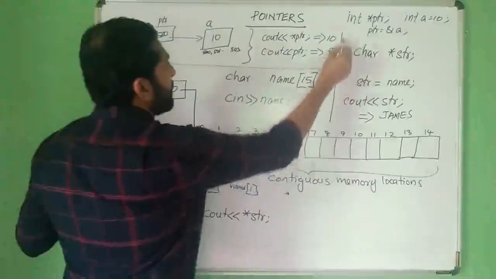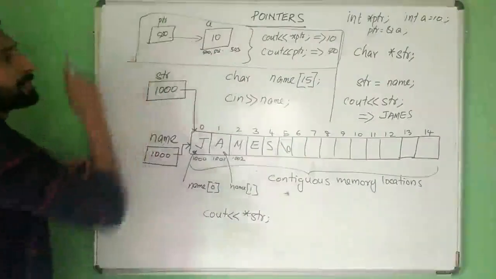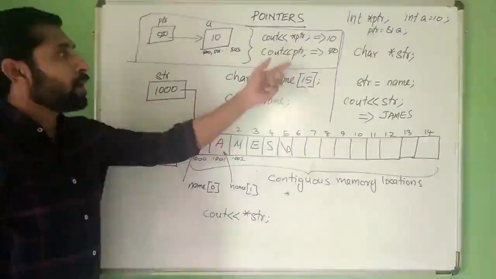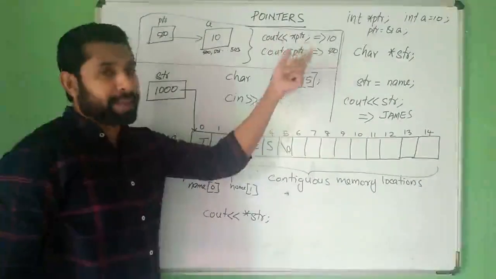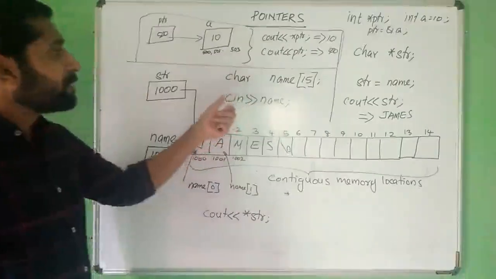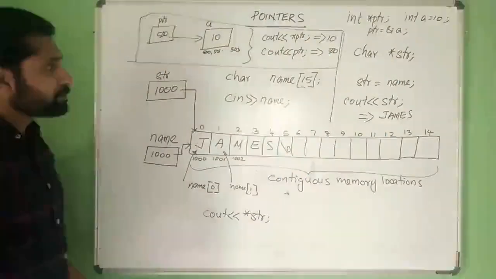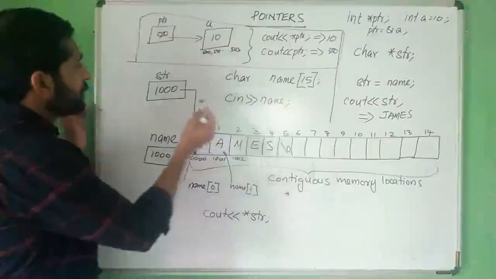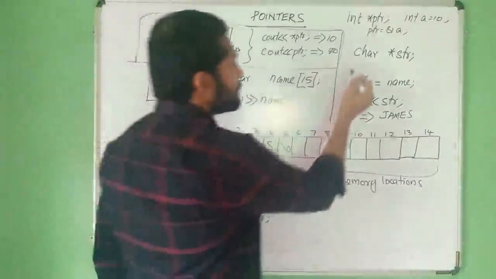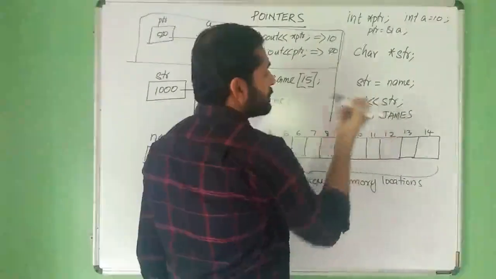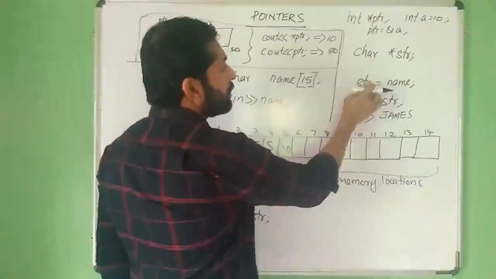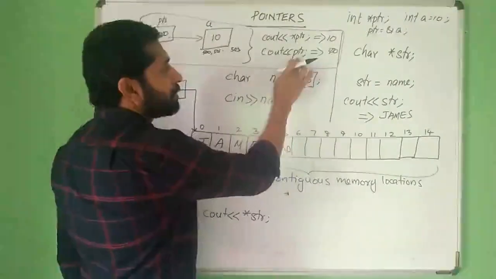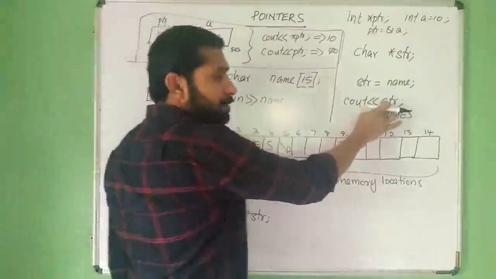See here, this is how the pointer actually reacted. In this case, if you write a statement like cout str, it is similar to that. str is a pointer here, ptr is a pointer; this is an integer pointer, this is a character pointer.